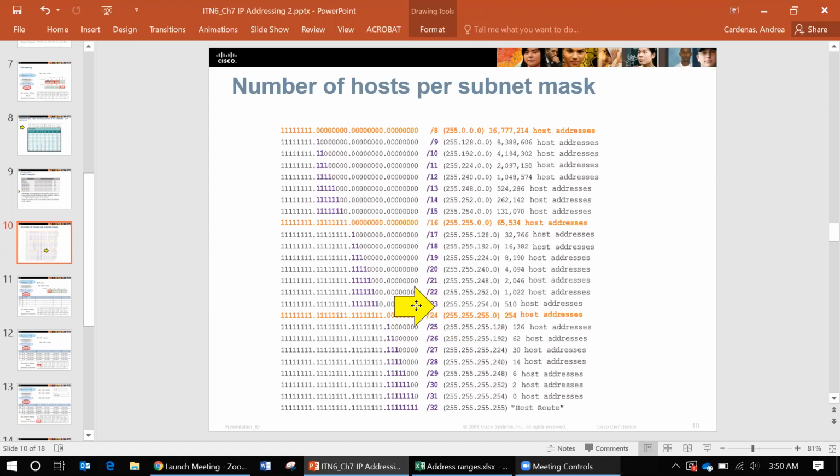If it was a /23, you actually have double the 254, of course subtracting. It's actually 256 minus 2. So this would be 512 minus 2 is 510. 1024 minus 2, and so on.